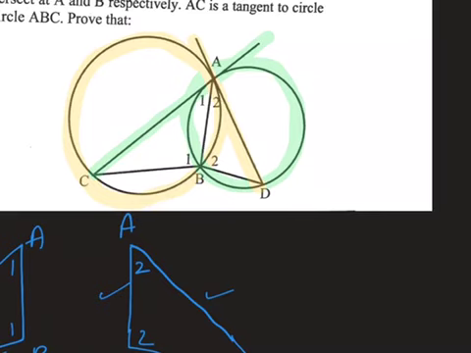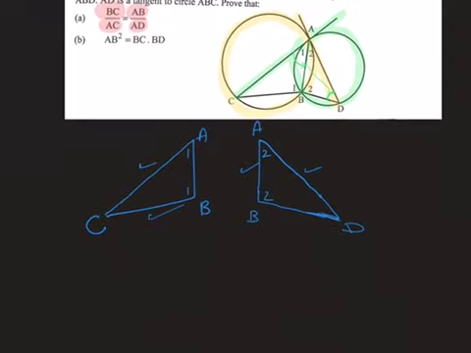Now, in this case, we will have from this tangent to this chord AB. So tangent goes into the green circle, hits AB, and that makes angle D. So A1 is going to equal angle D because of tan chord theorem.